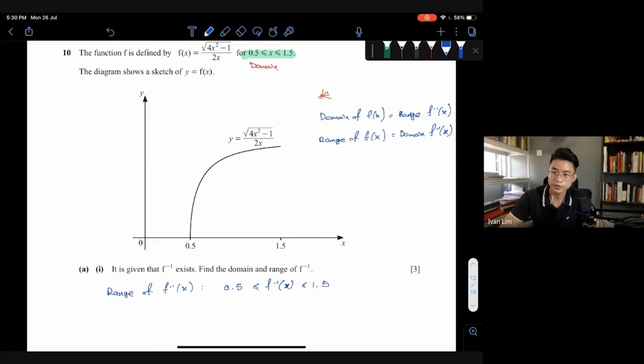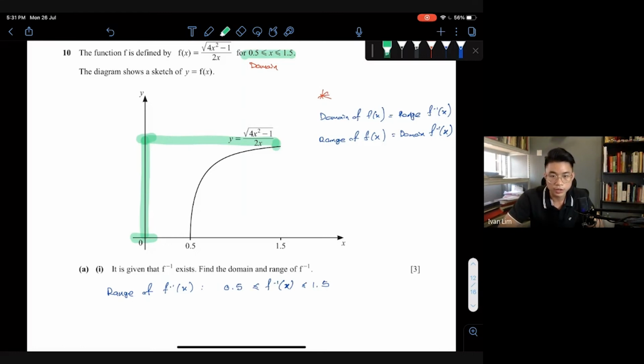Okay, you can look at the graph also. To find the domain of my f inverse x, I need to find the range of my f(x), right? Range means from lowest point to highest point. You don't even care about left to right.